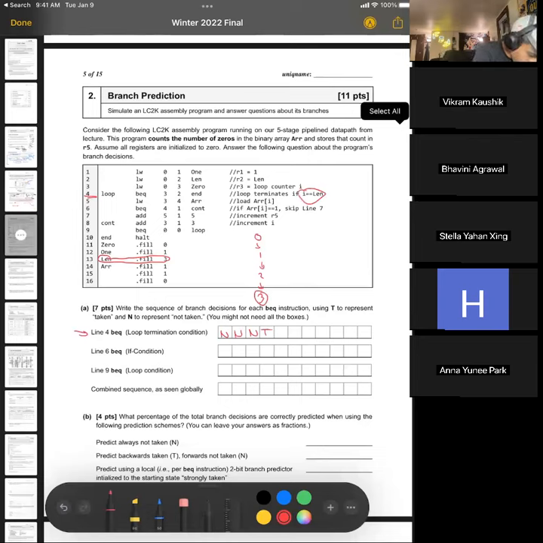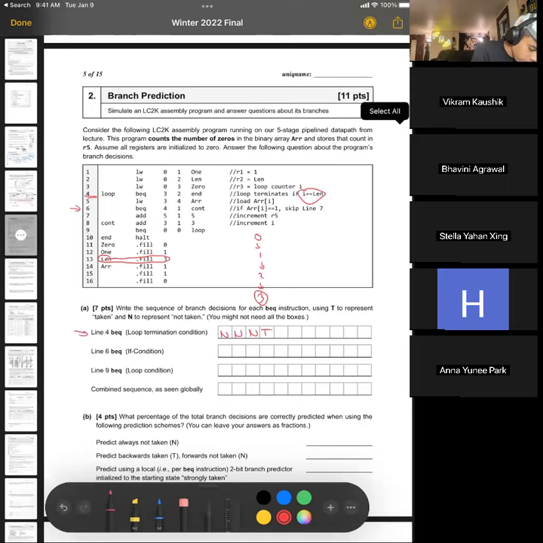Moving on to the instruction at line 6, we have a branch which is checking if the array at that index is equal to 1. The first question is, how many times are we going to execute this instruction?